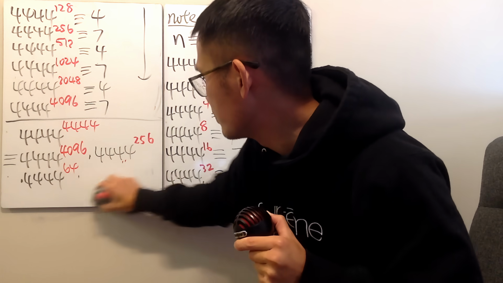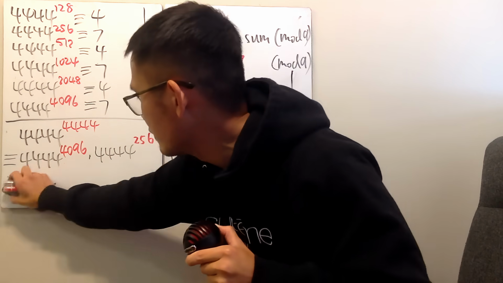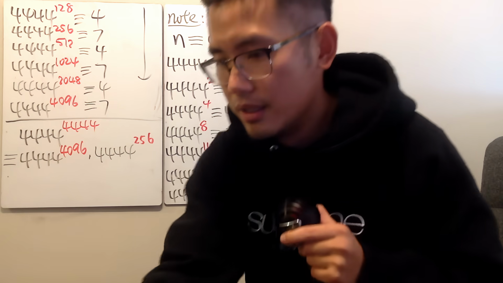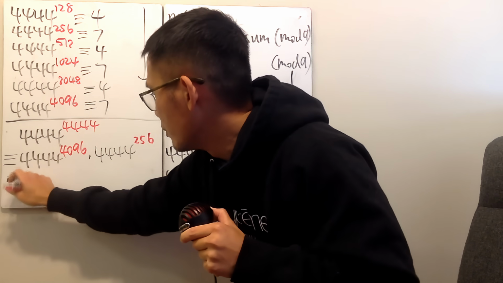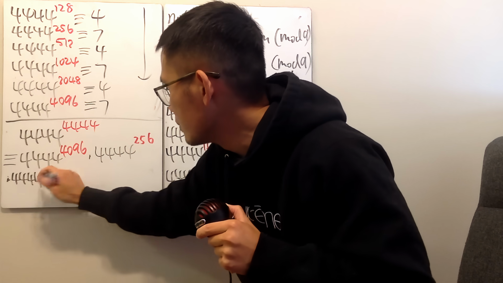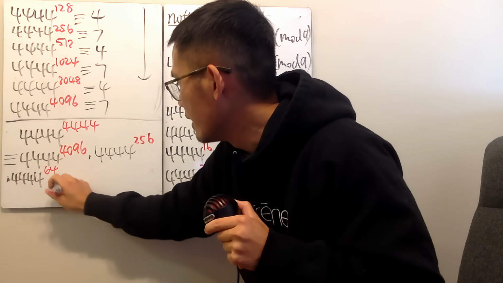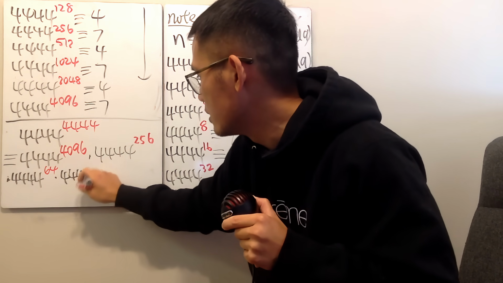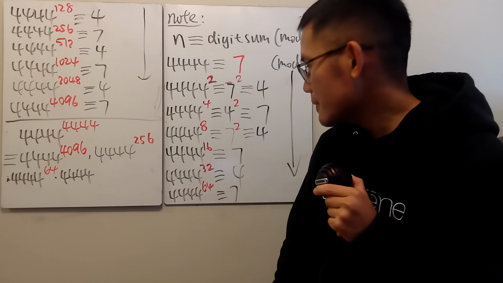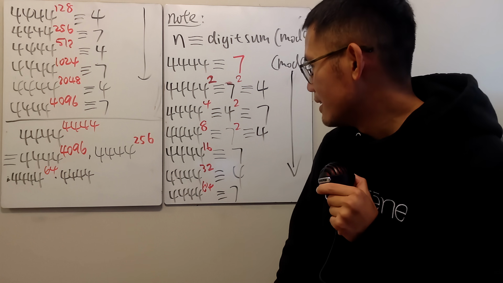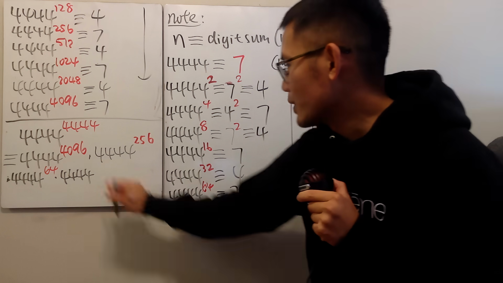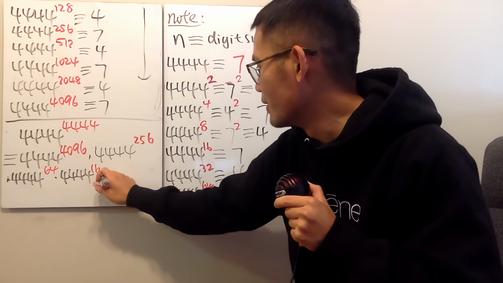So let me put everything down right here. Hopefully everything fits. So I believe it was 4444^64, and then honestly I don't remember. I think it was 16, and then just 4 and 8.